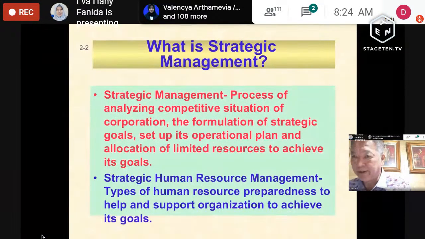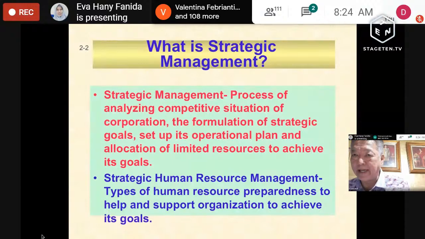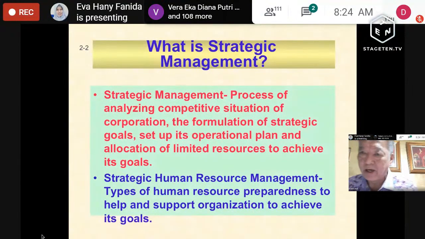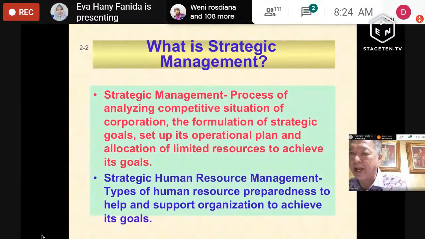Strategic management is the process of analyzing the competitive situation of the corporation, the formulation of strategic goals, setting up its operational plan, and allocation of limited resources to achieve its goal. This is the meaning of strategic management.